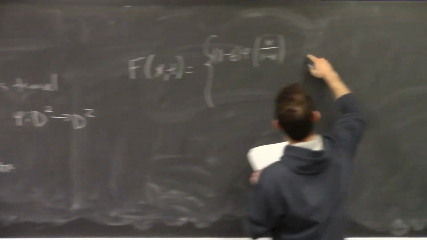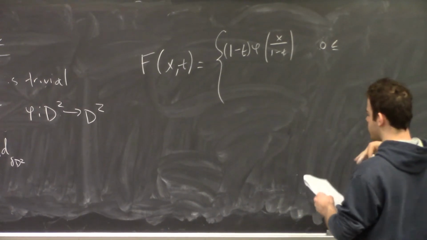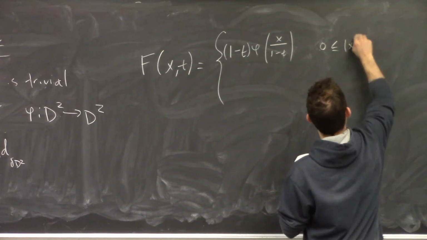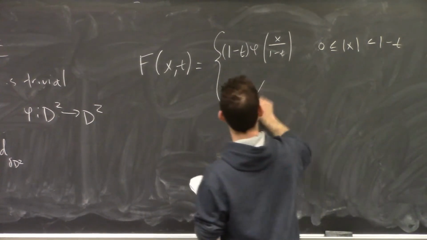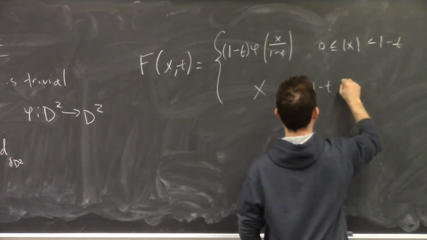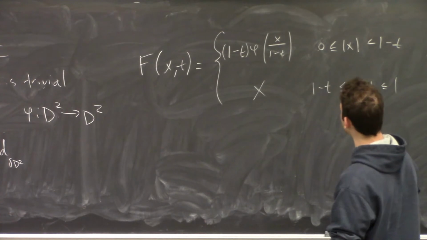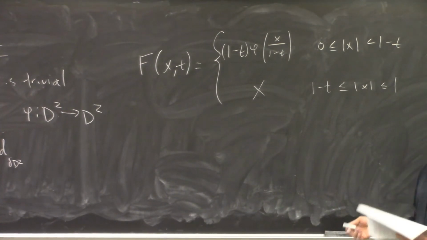So this function really changes with t. We're just telling it, this should be, yes, and then it's just going to be identity outside of that. Okay, I just wrote something down, but why does this work?